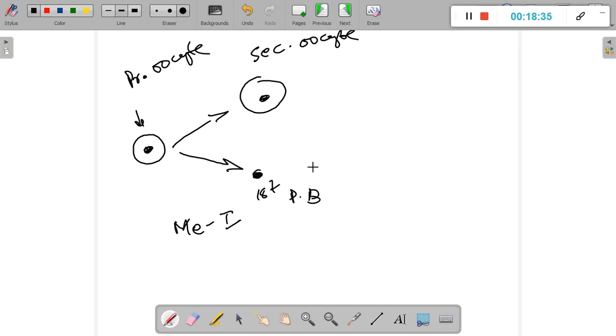The condition of both of these cells is that both of them are haploid and they still have double the amount of DNA, the same amount of DNA that a normal diploid cell has. But the ploidy has been changed. Now both the secondary oocyte and the polar body have to undergo meiosis 2. So again there are 4 stages: prophase 2, metaphase 2, anaphase 2 and telophase 2.